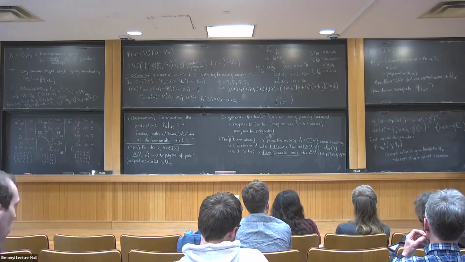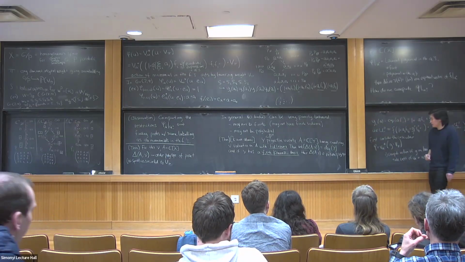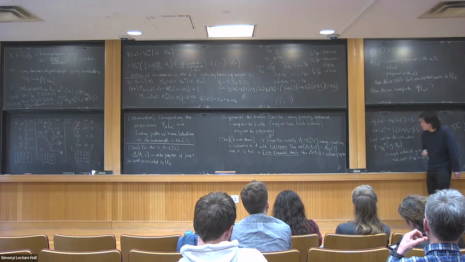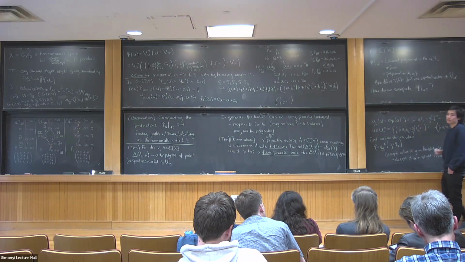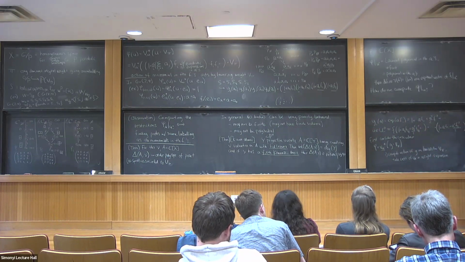So in the last couple of minutes, let me say a little bit about the non-minuscule case. So earlier I remarked that if your representation is non-minuscule, then this first thing here, this dual vector for mu, is not quite well defined.